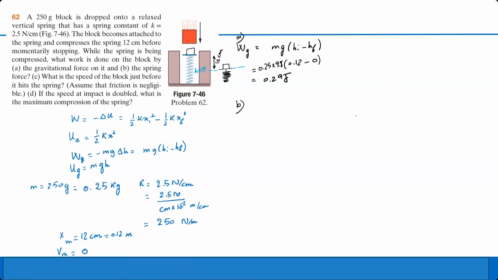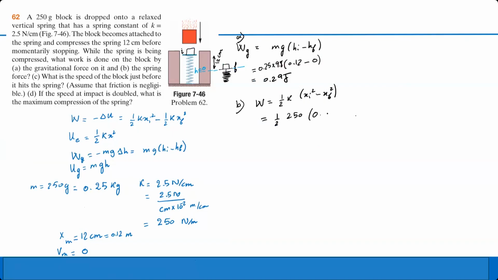In part B, I want the work done by the spring, which we wrote as W equals half K x initial squared minus x final squared. Half K is 250. X initial is the initial compression. Again, I'm taking this to be my initial point and this to be my final point. At the initial point, there is no compression, so X is 0.